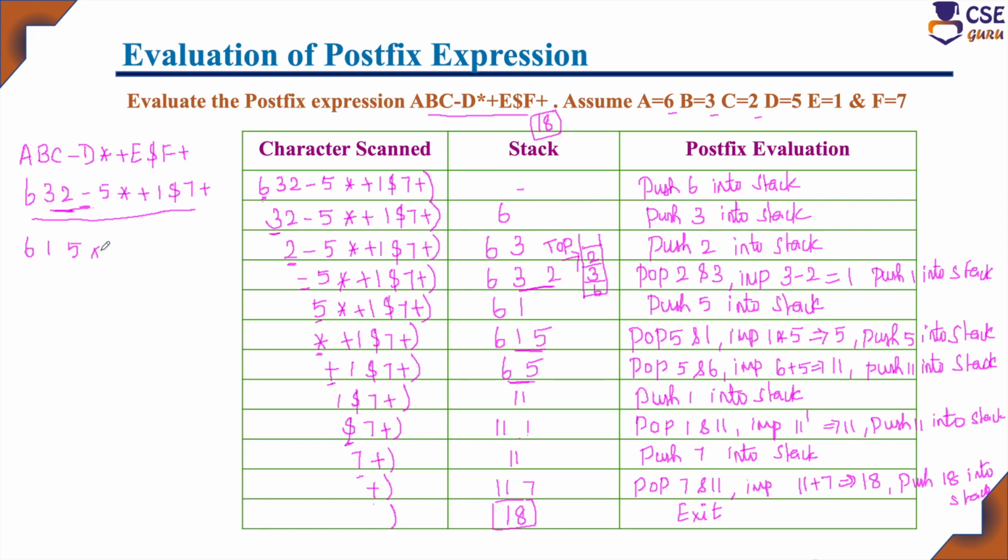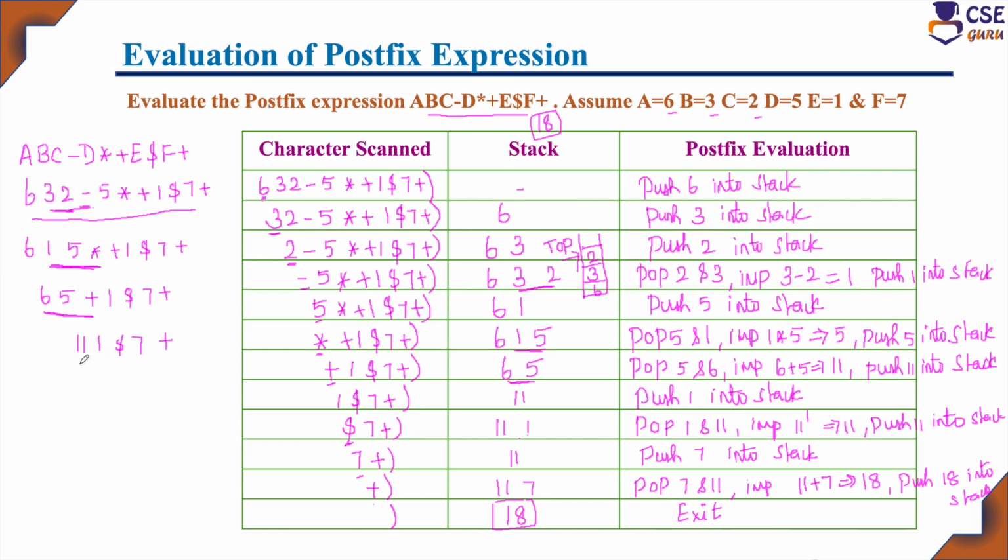Then 6 1 5 star plus $1 $7 plus you will get. And here 2 operands with an operator, 1 and 5 with multiplication. So multiply. So 6 5 plus $1 $7 plus you will get. Next is 6 5 plus, addition operation you have to implement. The result you will get is 11 $1 $7 plus.